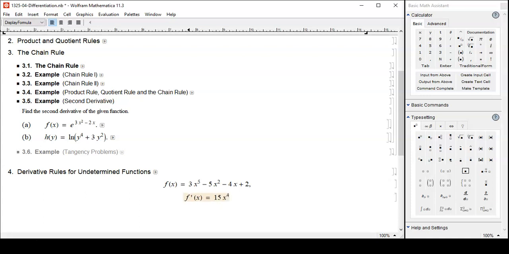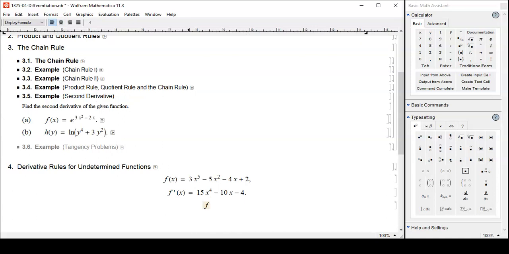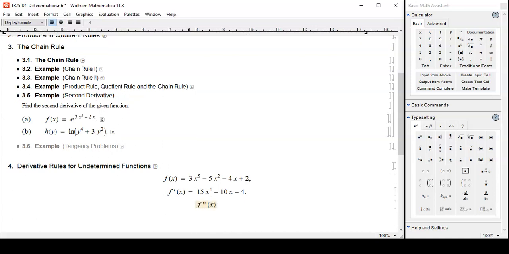15x to the fourth power minus 10x minus 4, that's the derivative function, isn't it? Just a power rule. And then another power rule, f double prime of x, multiply, then 15 times 4, so that's 60x to the third power, minus 10, and that's it.